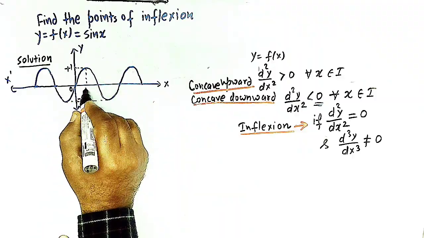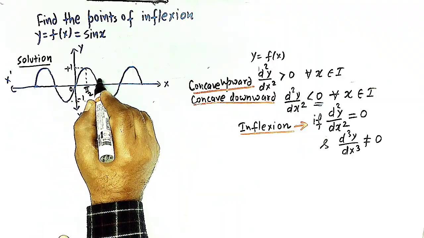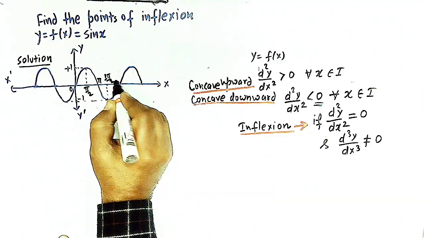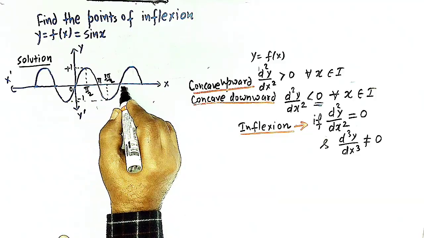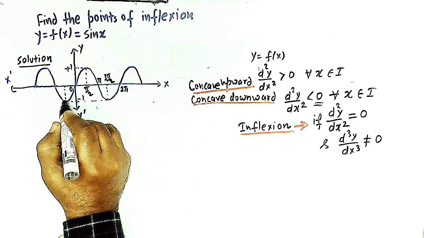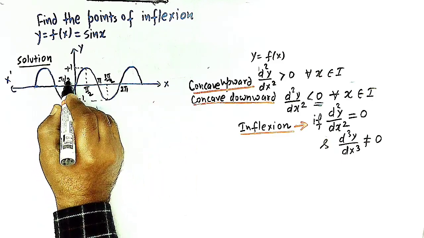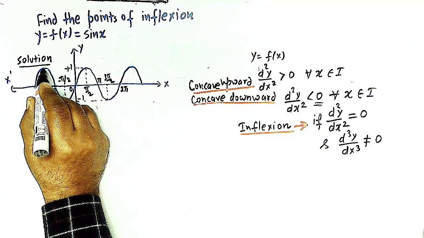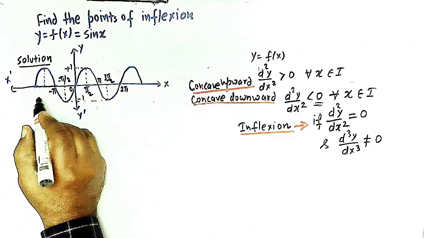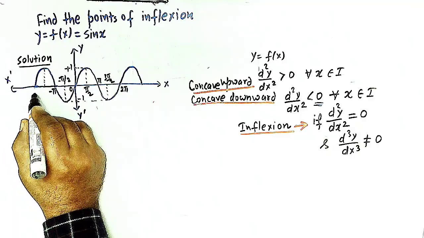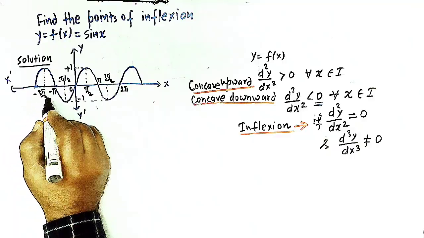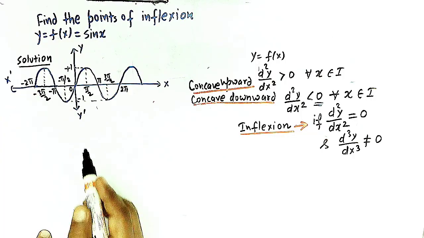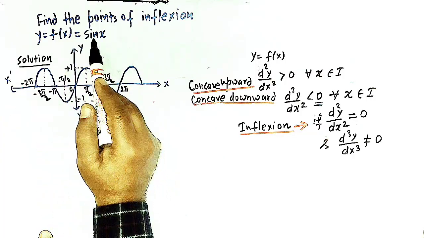This is pi by 2, this is pi, then we have here 3 pi by 2, and here we have 2 pi, and so on, and here we have minus pi by 2, and here we have minus pi, and here we have minus 3 pi by 2, and here we have minus 2 pi, right? So this is the graph of sine x.